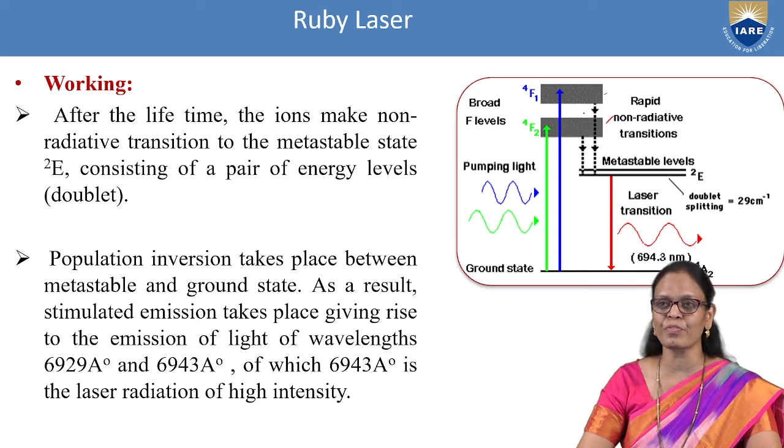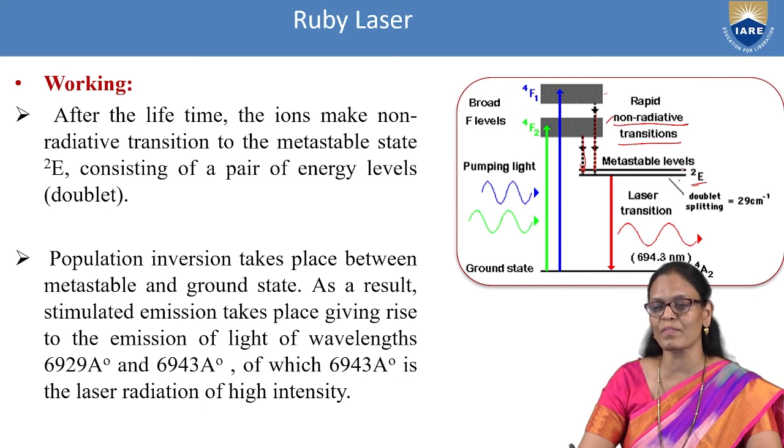They can stay only for a lifetime, and once the lifetime is over, they have to make a transition to the lower level. This is a non-radiative transition, so maybe thermal energy is being emitted. They go to the metastable state 2E, which has a doublet.